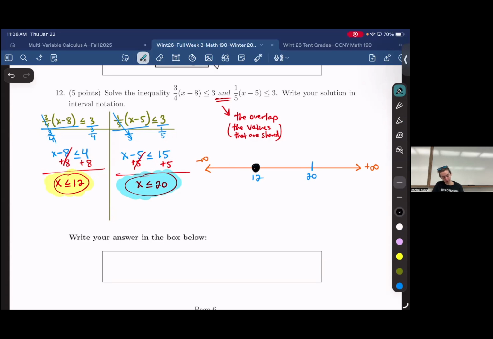So we're going to fill in the circle, shade everything to the left, and we'll color code that in yellow. And then in blue, we have x is less than or equal to 20. So we're once again going to fill in that circle, shade everything to the left. And now we're going to color code this in blue.